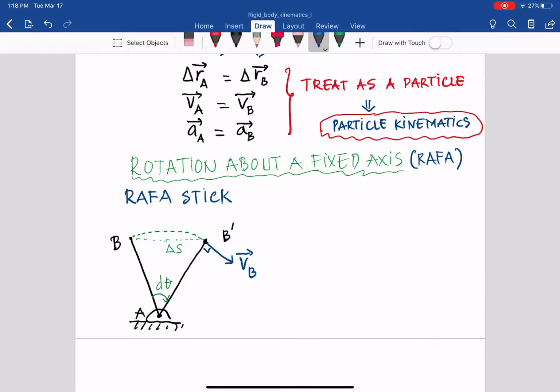Okay, and with that, we can make some transformation with the physics and math.